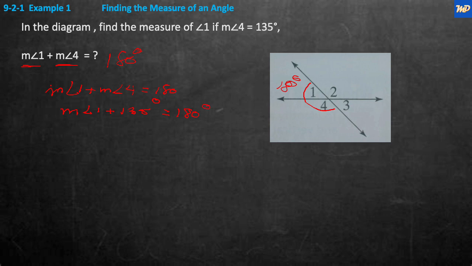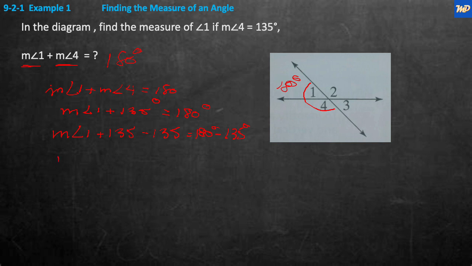So now we're going to look for the measure of angle 1. We're going to move 135, typical algebra. So the measure of angle 1 plus 135 minus 135 is equal to 180 minus 135 degrees. I'll put the degrees in.